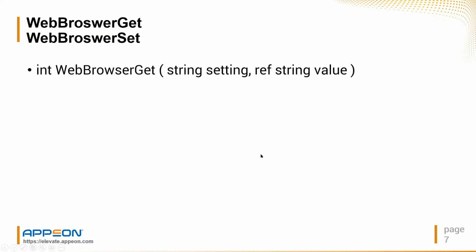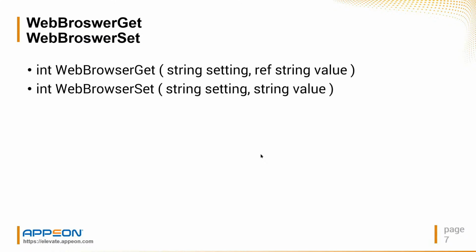Okay, so the web browser get and the web browser set methods are how you set the properties of the control. Now it's a separate PowerScript method that you can call even before the control gets instantiated, and there's a reason for that.